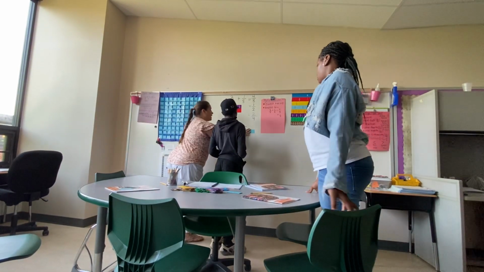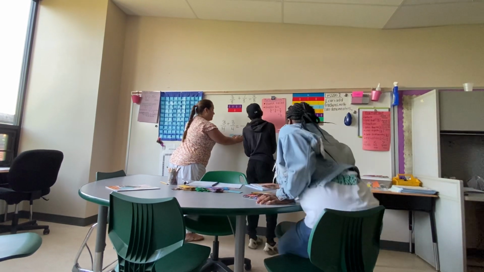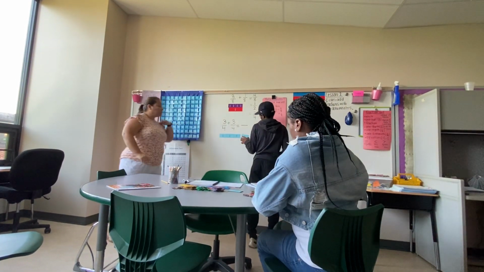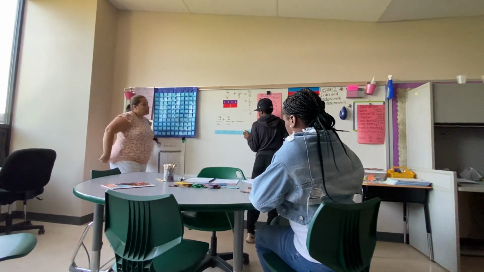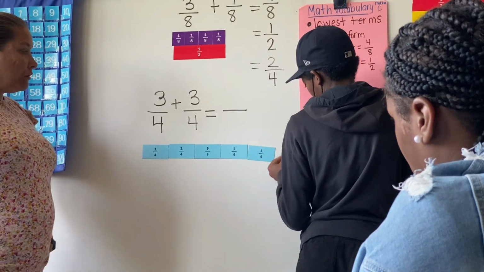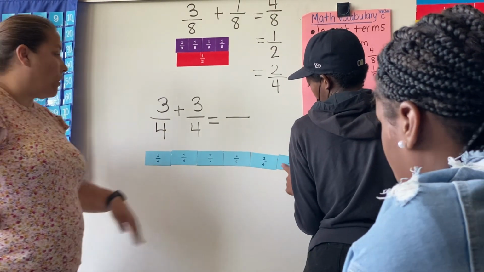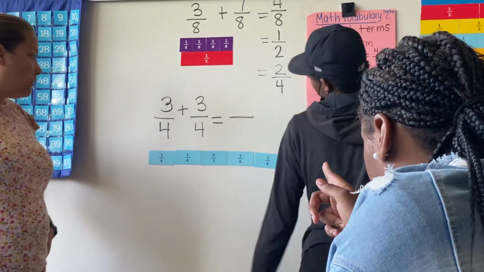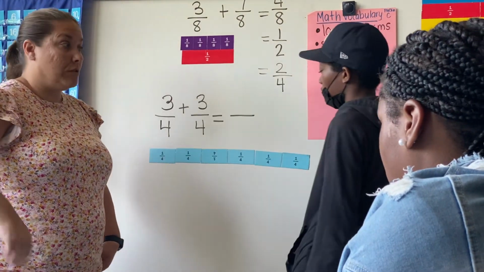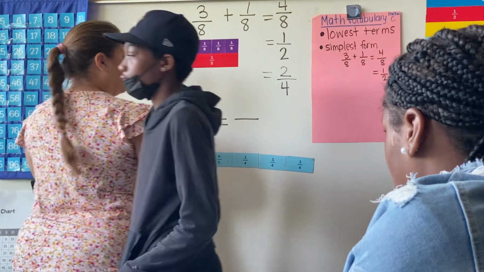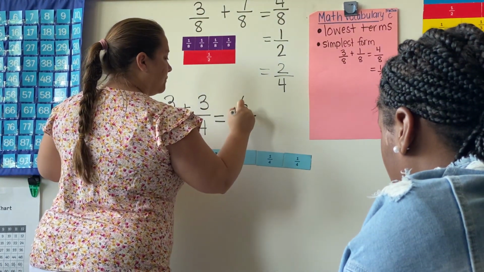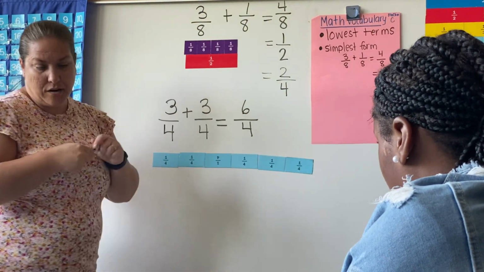And make a train. Put them together. I'll pull them down. You wanna go that way? I'll put them this way. Now, count them. How many do we have all together? 6 what? 6/4. All right.